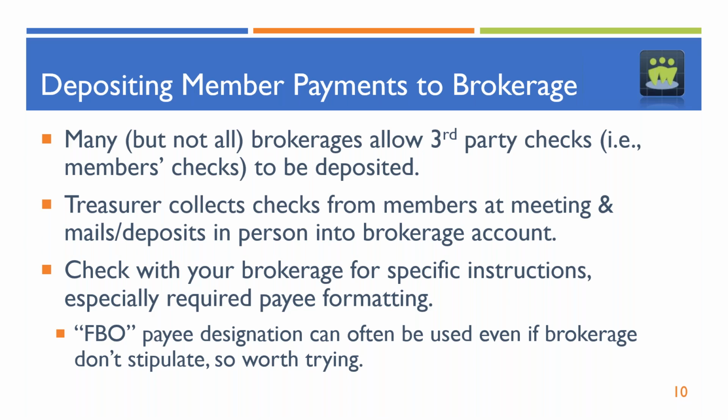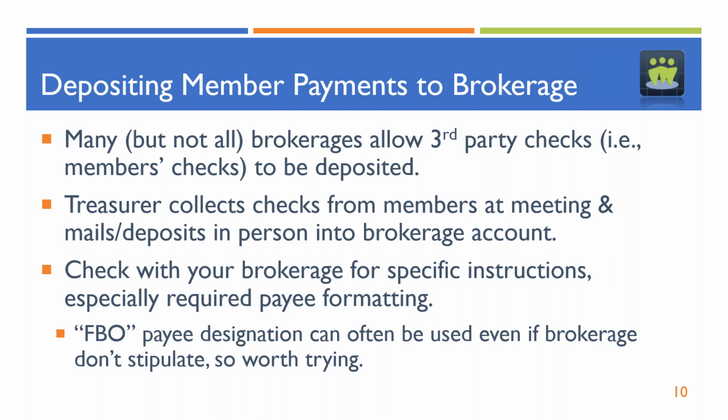So if you're interested in this, you're not doing it already, check with your broker for specific instructions, especially the required payee formatting, so that who the check is payable to must be written in a particular way for your own protection and to ensure that the money goes not only to your brokerage account, but to your account ultimately at the brokerage.